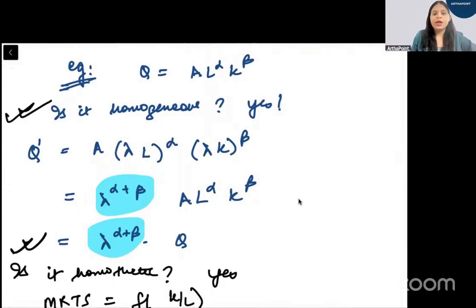No problem. But now, give me an example, think of a counter example, where the function is homothetic but not homogeneous. Can you think of that example? Anyone?